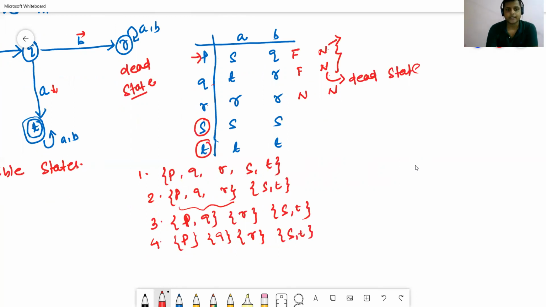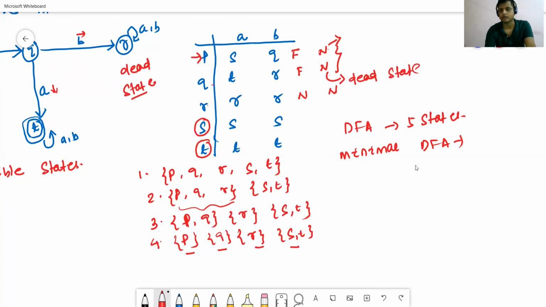Remember one thing: initially the DFA contains 5 states, but after minimization, the minimal DFA contains a total of 4 states: 1, 2, 3, 4.